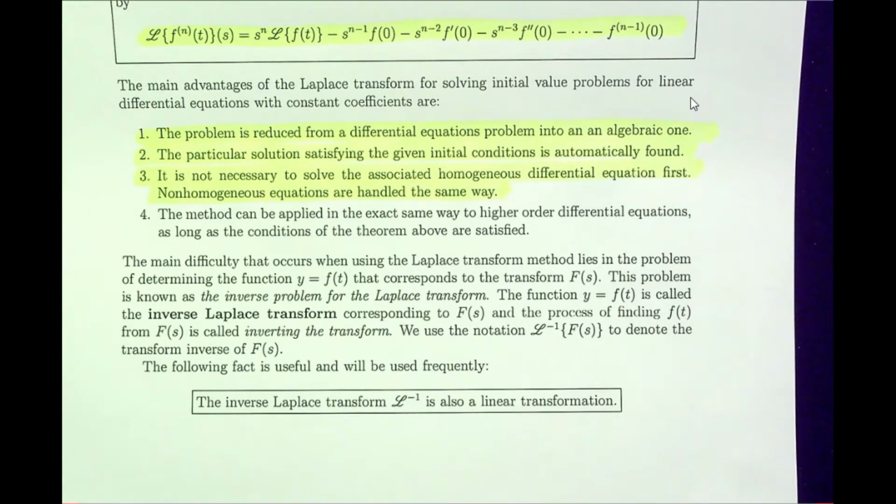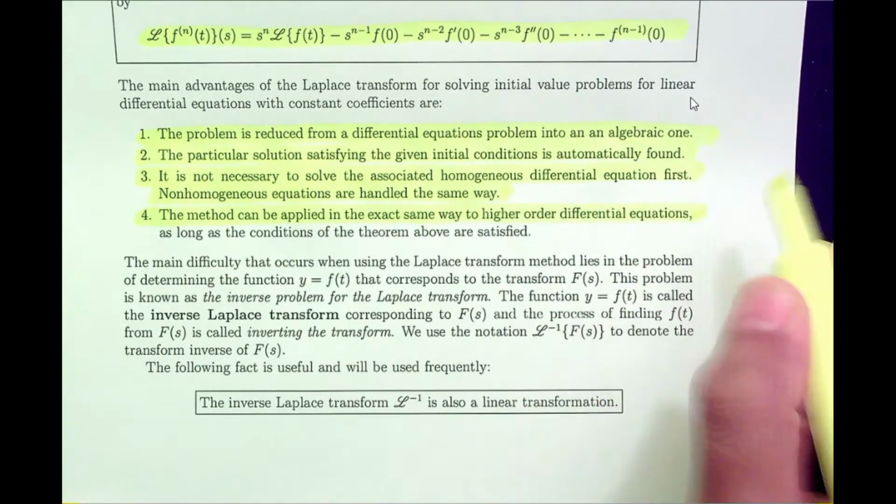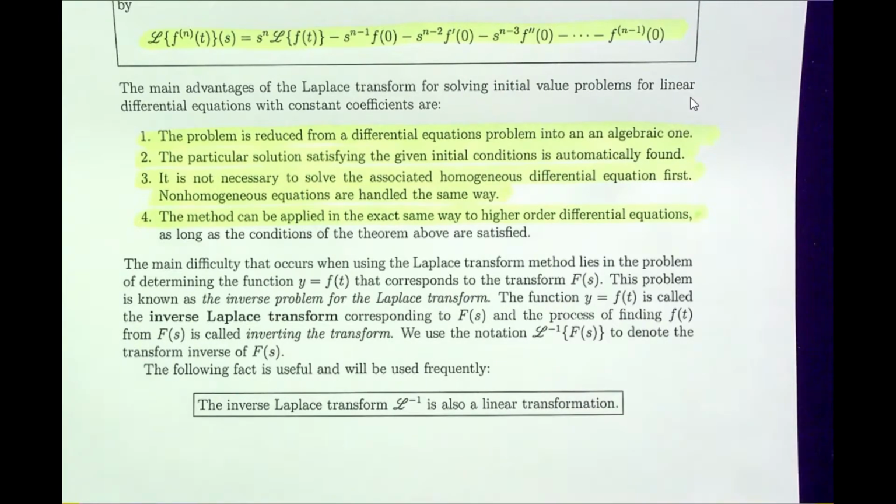You don't have to worry about that, but normally, those are the requirements. All right. So the last pro was that the method can be applied in exactly the same way, regardless of the order of the differential equation. Okay, and now here's the con.